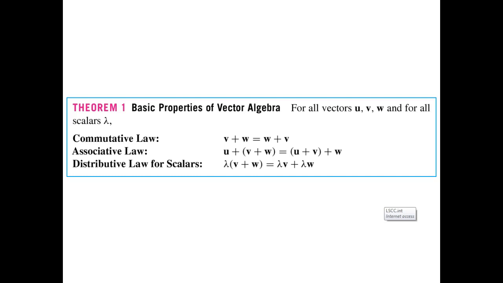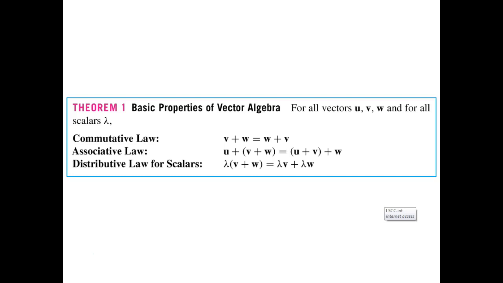The basic properties of vector algebra. For all vectors u, v, and w, and for any scalar lambda. And this I've already suggested to you. The adding of any two vectors is commutative. Vector v plus vector w is the same as vector w plus vector v, because all you're doing is adding their components, component by component, and because components are just scalar numbers, and numbers are commutative when you add them, then vectors are too.